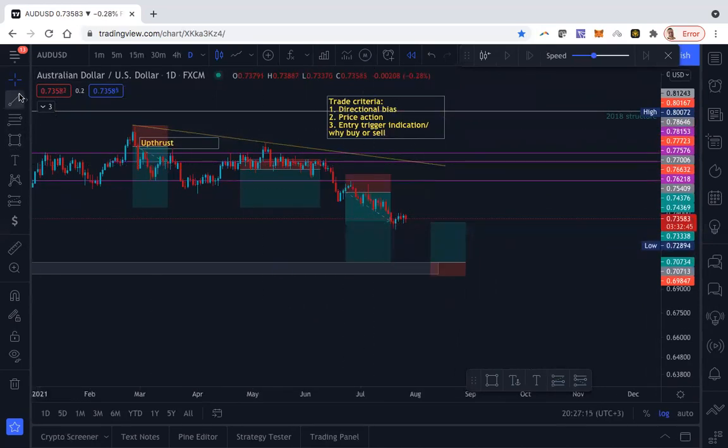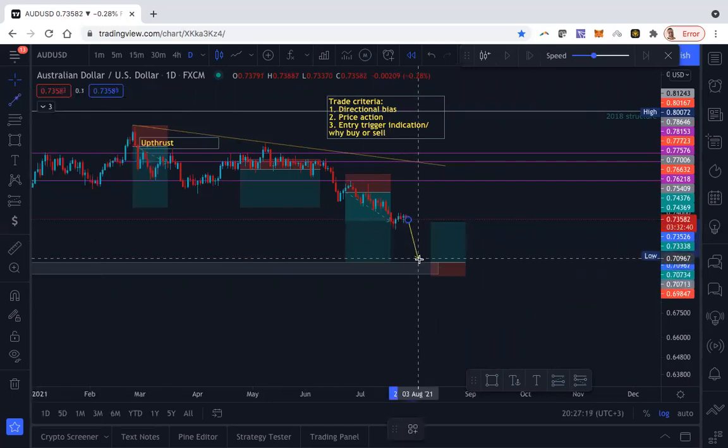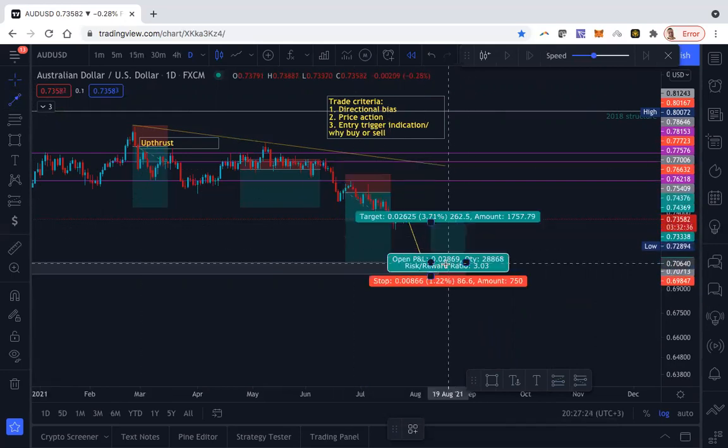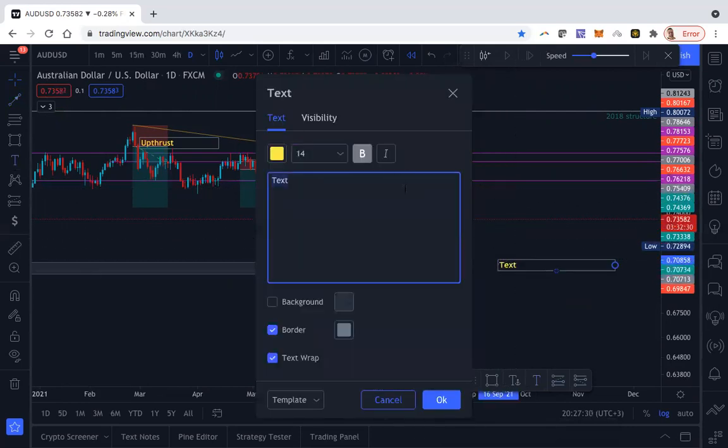My take is that tomorrow we'll see a continuation of AUDUSD to this level of structure. And then if it does get to this level, and this level here being 0.70734, that's my TP, that's my buy limit order.